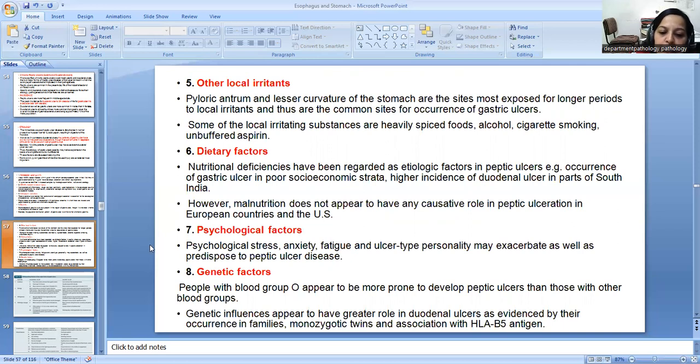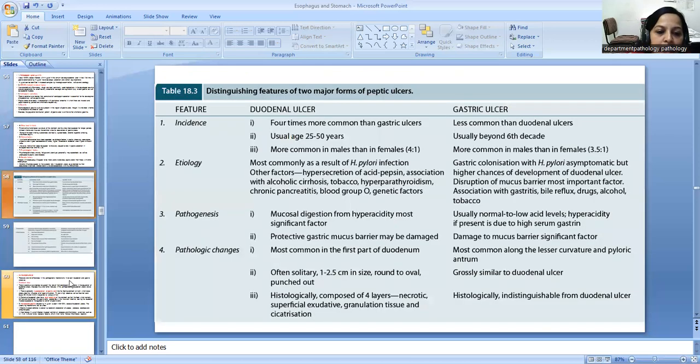Psychological factors include stress, anxiety, fatigue, and ulcer-type personality, which may exacerbate as well as predispose to peptic ulcer disease. Eighth is genetic factors. People with blood group O appear to be more prone to develop peptic ulcers than those with other blood groups. Genetic influences appear to have a greater role in duodenal ulcers, as evidenced by their occurrence in families, in monozygotic twins, and association with HLA-B5 antigen.